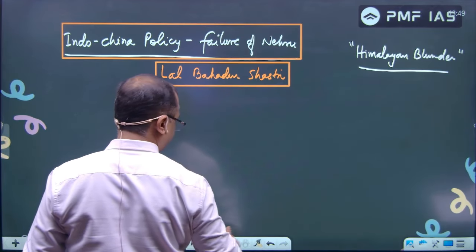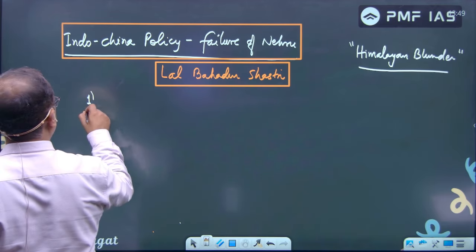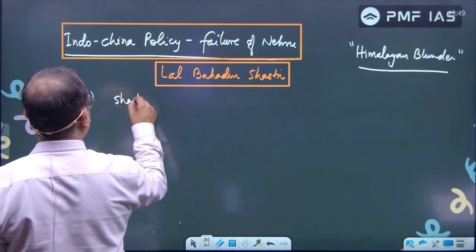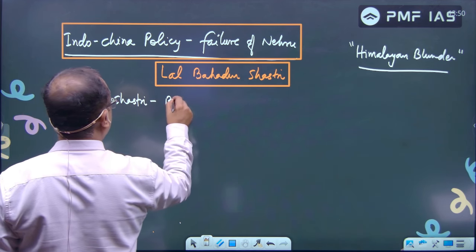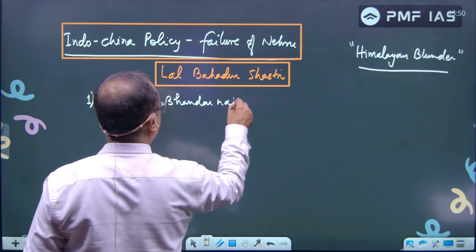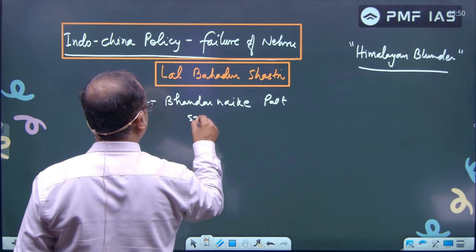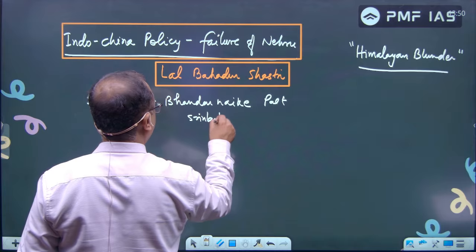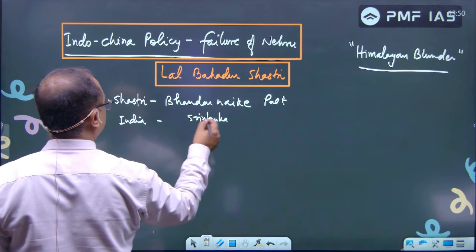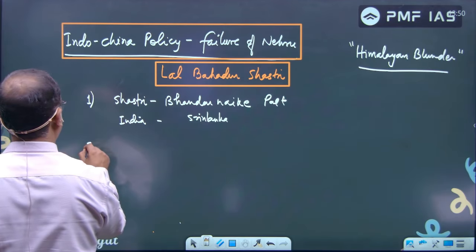During his period, first was the Shastri-Bandaranaike Pact. Bandaranaike means Sri Lanka. The India-Sri Lanka Pact was signed.